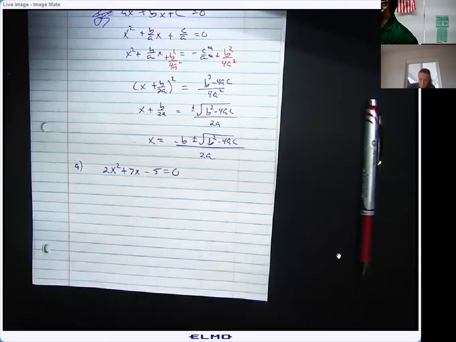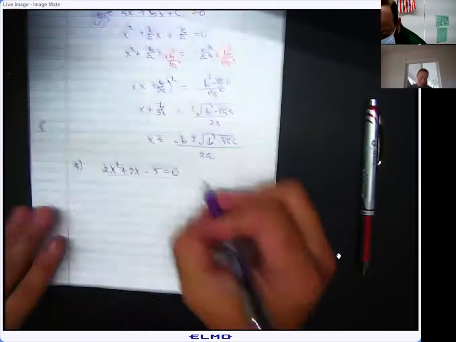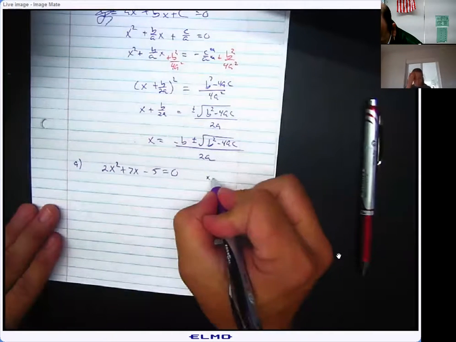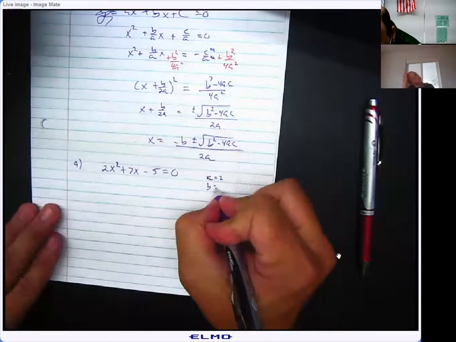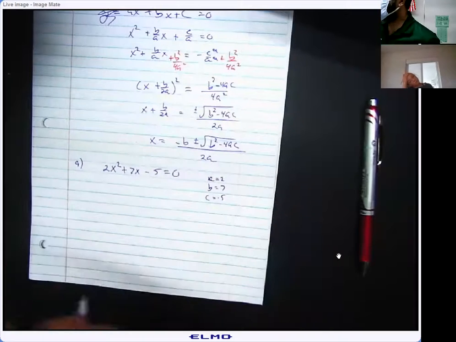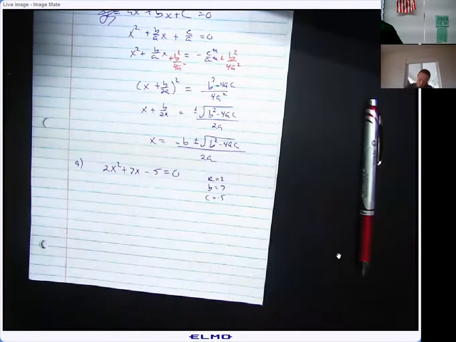So what are we calling A? 2. What are we calling B? 7. And C is -5. Okay, so I want you guys to do the quadratic formula. And while you do the quadratic formula, I'm going to complete the square.